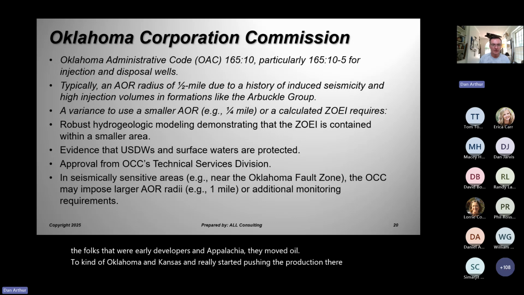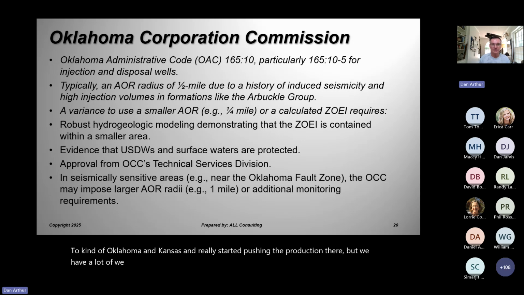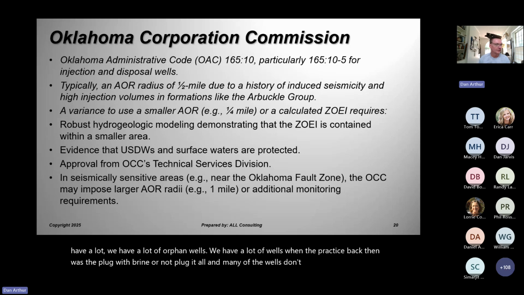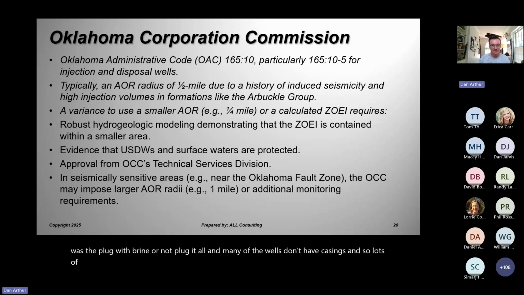But we have a lot of orphan wells. We have a lot of wells where the practice back then was to plug with brine or not plug at all. And many of the wells don't have casings, so lots of things to consider. Understanding that history, and the area that you're in, is just huge.